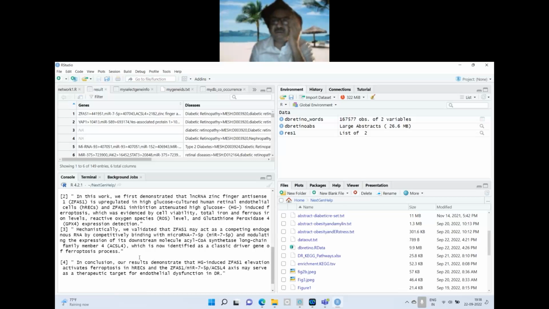So in one sentence, the authors have essentially explained the role of this long non-coding RNA binding to the microRNA, and then eventually that has an effect on the expression, meaning from RNA to protein, of this acyl CoA synthetase long chain, and that eventually could affect the ferroptosis process in the disease.